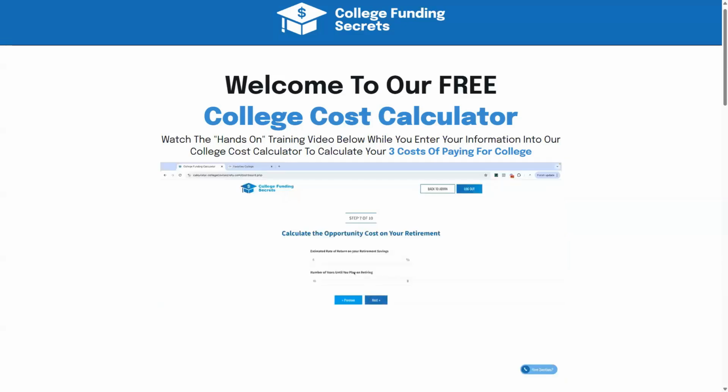So on step 7, you can put in whatever rate of return you think you could get on your retirement savings. So maybe you think you could earn a 7% return, and maybe you're planning on retiring in 20 years.